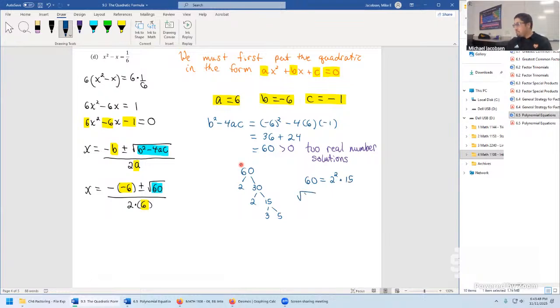Then it also informs us to simplify the square root of 60. We're taking the square root of 2 squared times 15. But here, because the power is 2, we divide by the index 2 and get just a 2 here times the square root of 15. So root 60, by this work here, we can substitute in 2 root 15. And here's what we have next for x. X is positive 6 plus or minus 2 root 15.